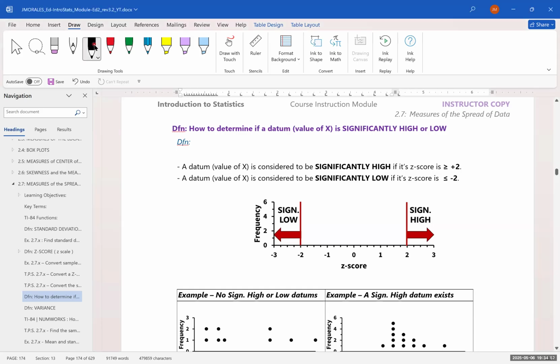All right, so one of the uses of z-scores is to determine if a given datum is significantly high or significantly low. So what do we mean? This word "significantly" is a significant word.